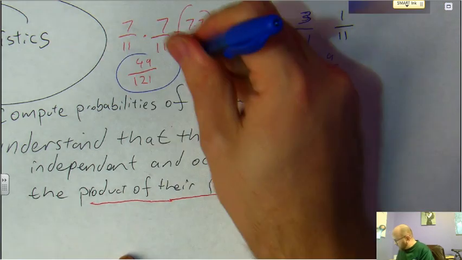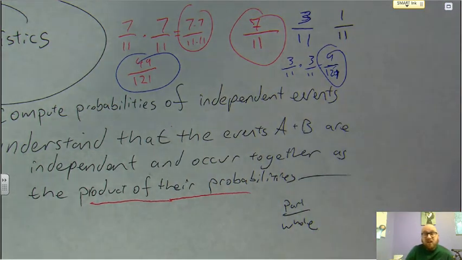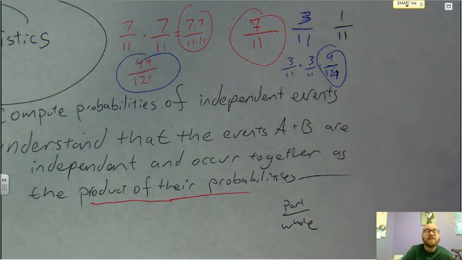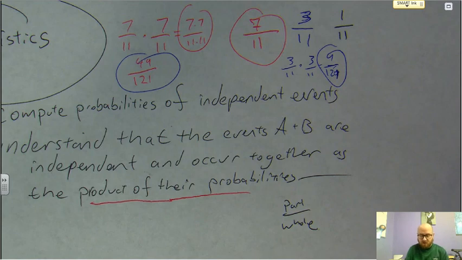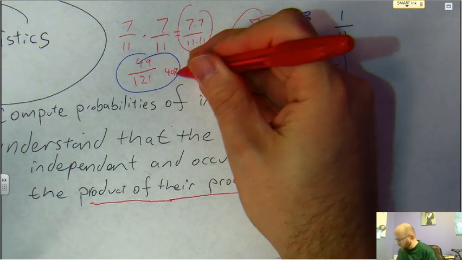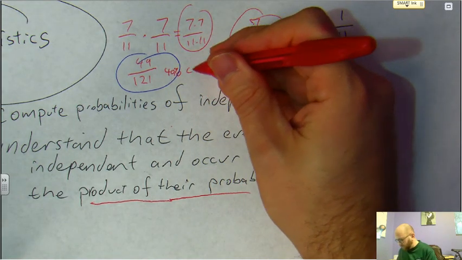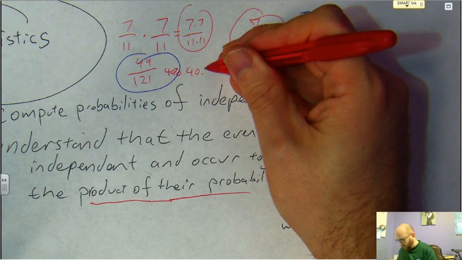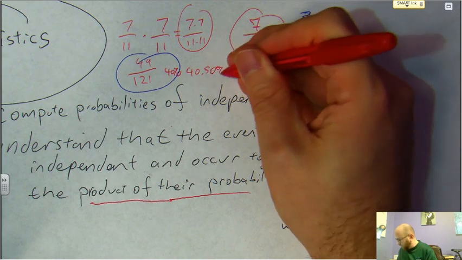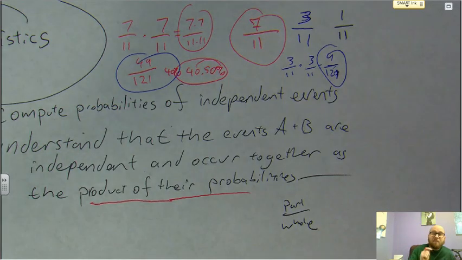And look at these numbers, compare these numbers. A 9 in 121 versus 49 in 121. Let's think about those as percentages, right? 49 divided by 121, I had a 40% chance, okay? Technically a 40.50% chance, if I round to 2 decimal places, of being able to go red.